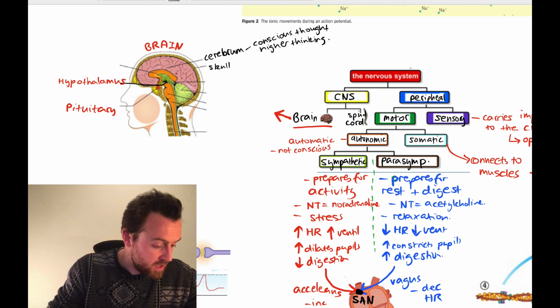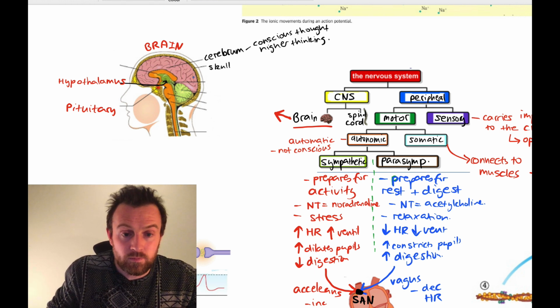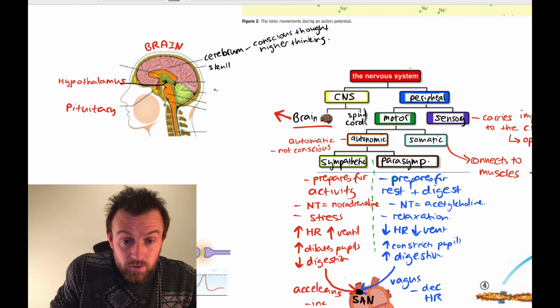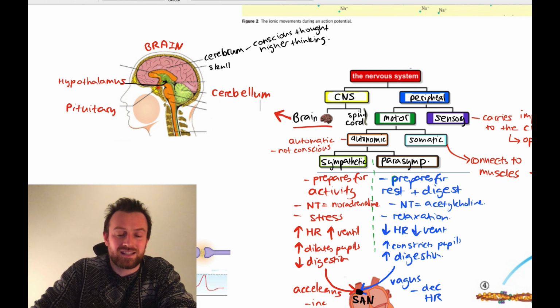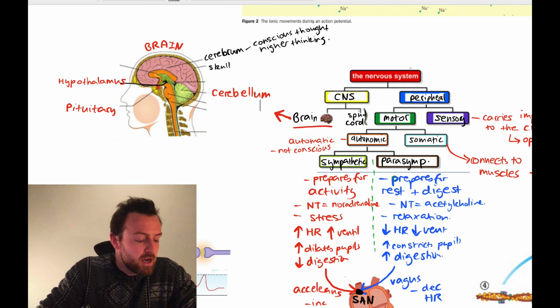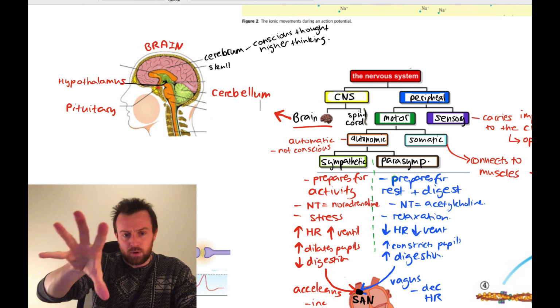And then here we've got, what else have we got? This is the cerebellum. So very easy to confuse the word cerebrum with cerebellum. Cerebellum, I think it's actually Latin, and it kind of means little brain, because it looks like a little mini brain. I'll just drop in a picture of a brain. Here you go, boom.